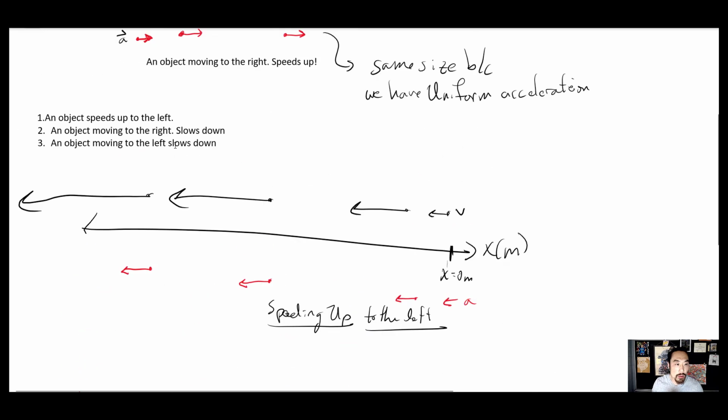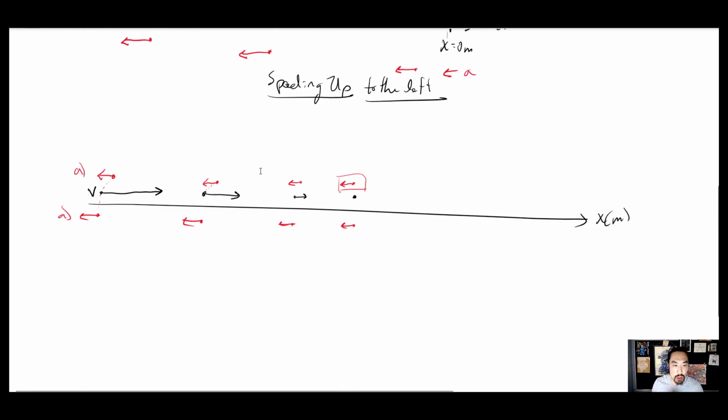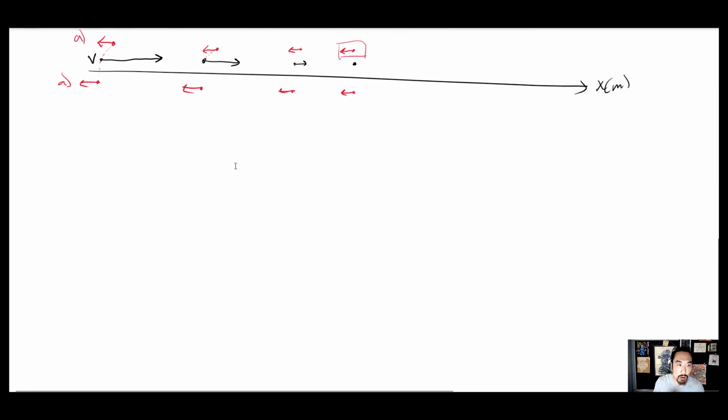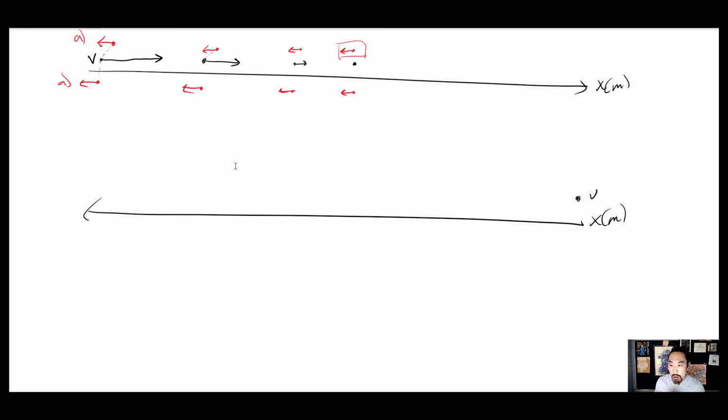Cool. So the third one is an object moves to the left and it slows down. Hopefully by now you're getting the whole gist of this. You could probably do this on your own without me, but that's why I'm here, to help you out. So our velocity vector, we're moving to the left, but we are in fact slowing down. Because we're slowing down, my velocity vectors are going to shrink.